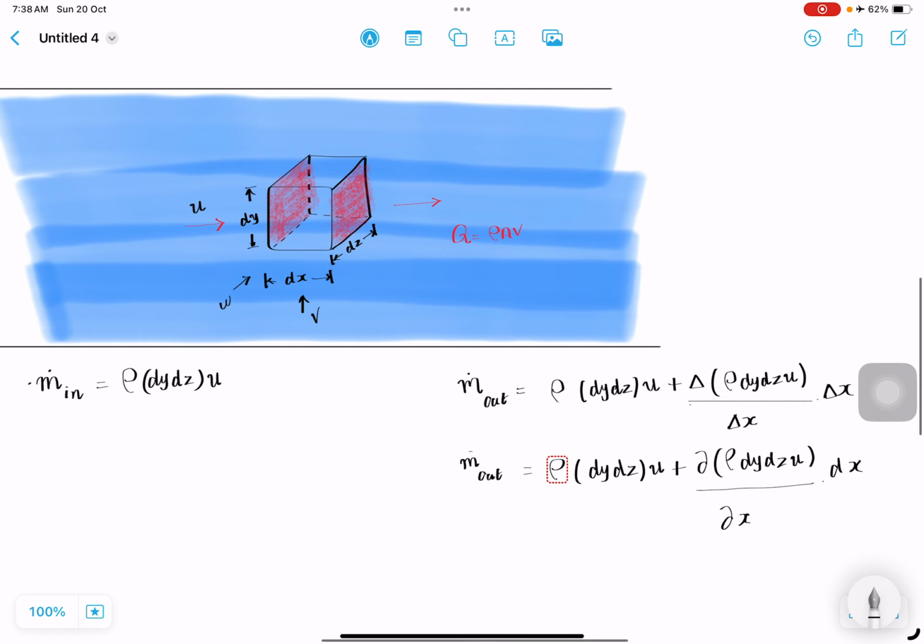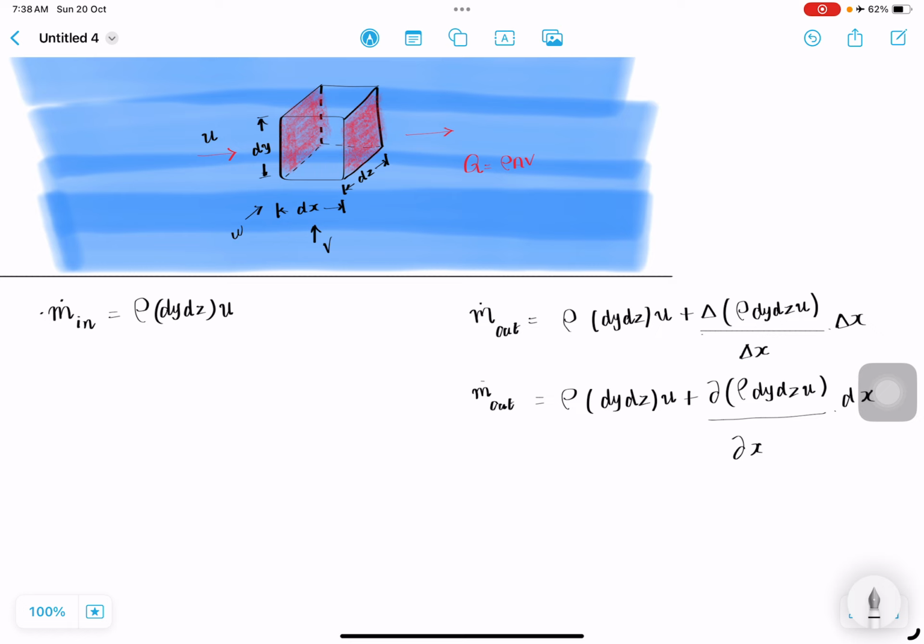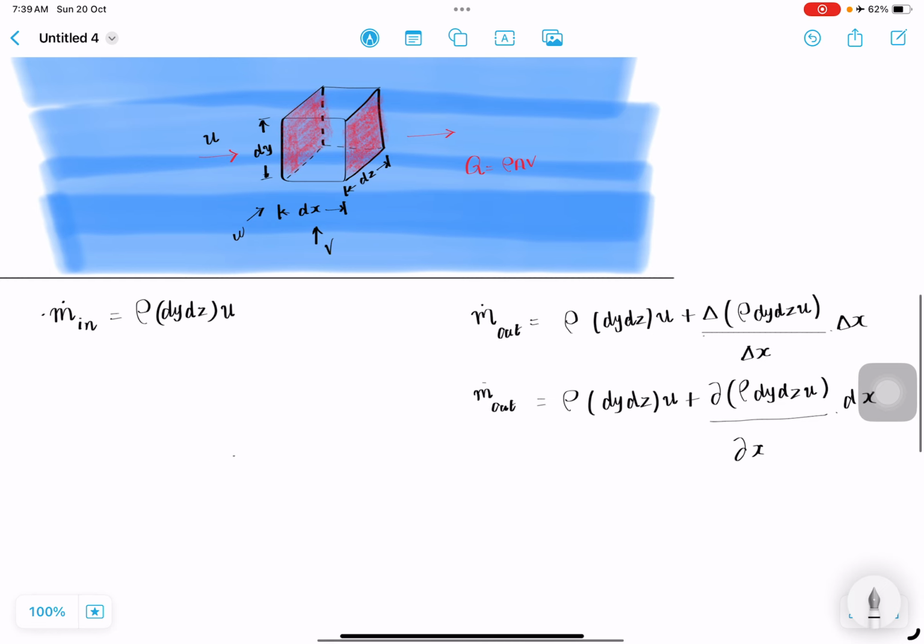Now, what is the gain in the fluid? That can be represented as the difference, right? What is the difference between the quantity of fluid that is going out per second, minus the quantity of fluid that is coming in per second? That should represent the gain. So let me write that equation.